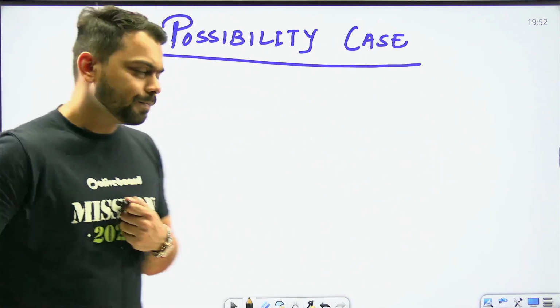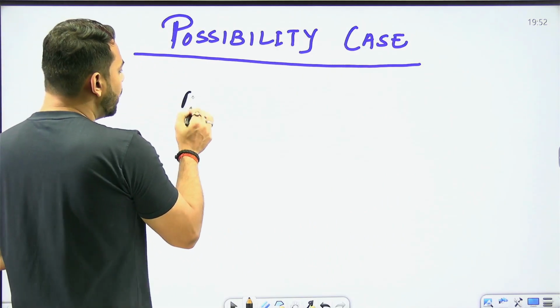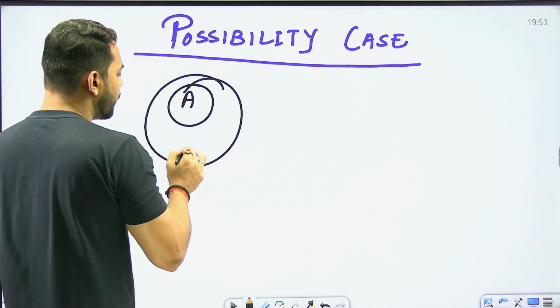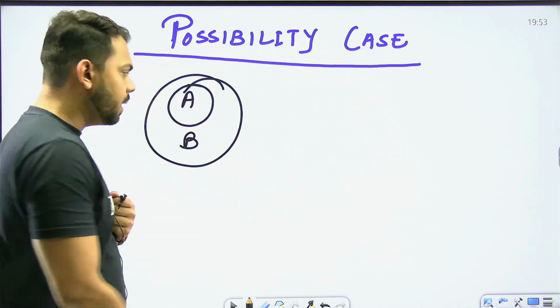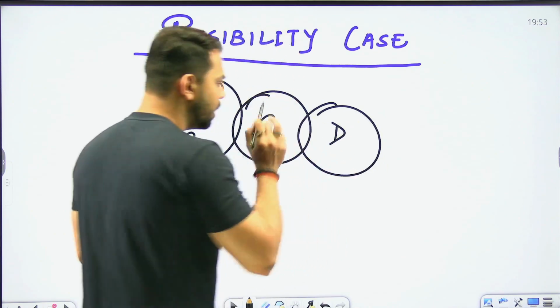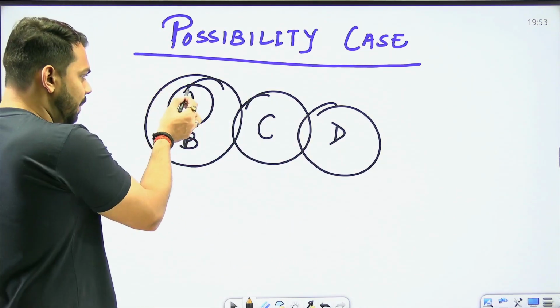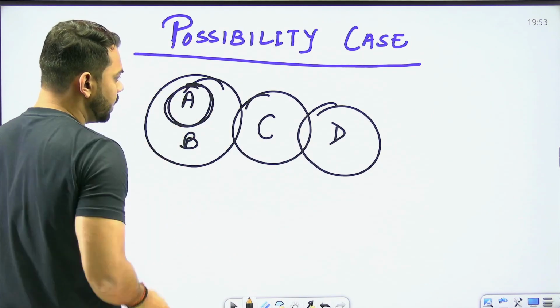For example, it is given that all A are B, some B are C, and some C are D. I am directly drawing the Venn diagram part here. Please understand.